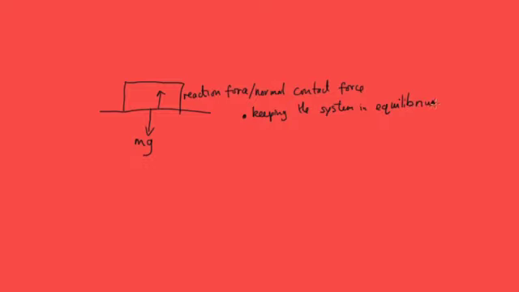Now this might seem strange because you don't always think it's the table pushing up on, say, our little brick that we've got on it. But think about what Newton says in his laws, that an object is at rest if the forces on it are equal, are in balance. So we know gravity is pushing on this brick, and if there was no force counter to gravity keeping this in equilibrium, the brick would fall right through.